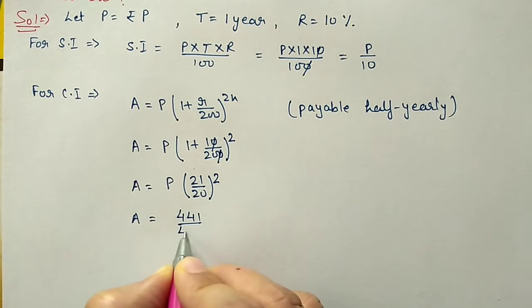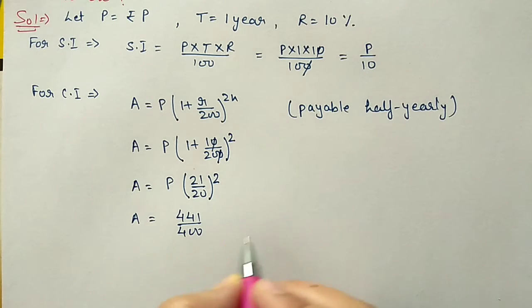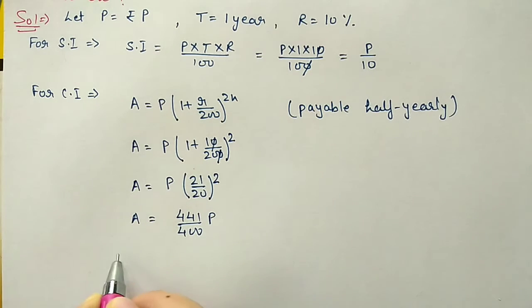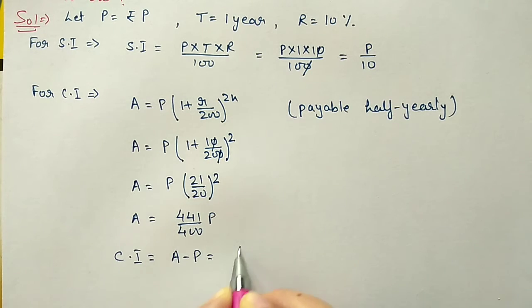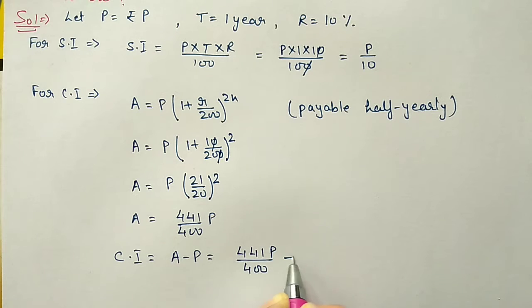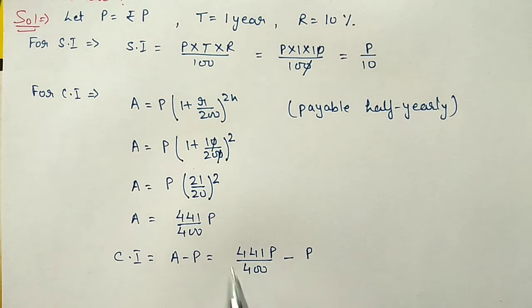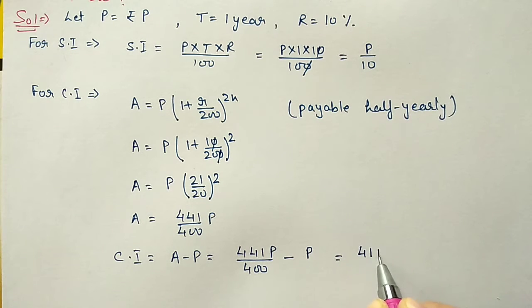After multiplication we will get 441 by 400 P. So compound interest will be amount minus principal, 441 P by 400 minus P. Now we got the same calculation as the last question. So after simplification we will get 41 P by 400.